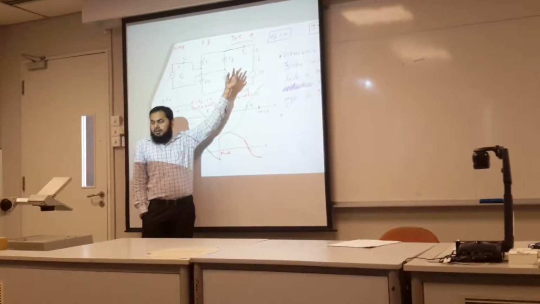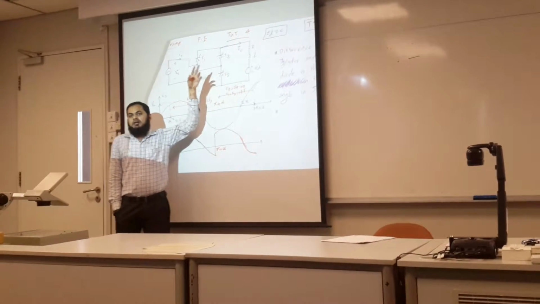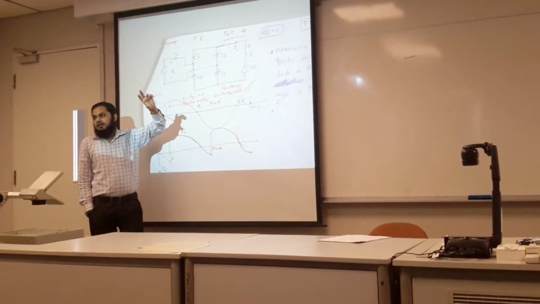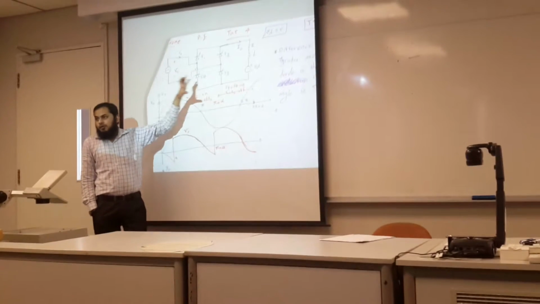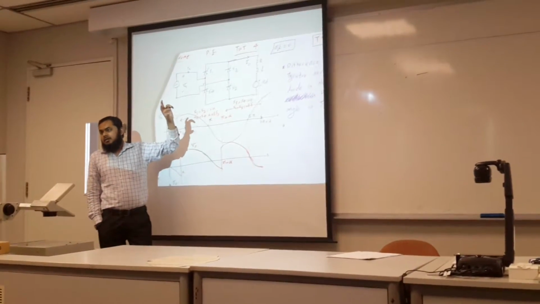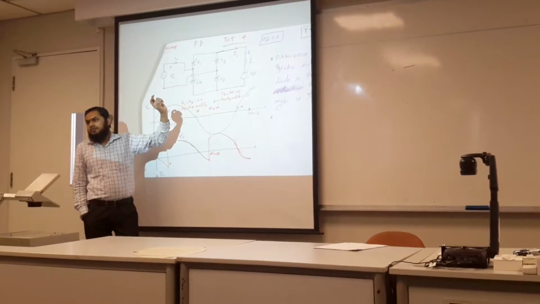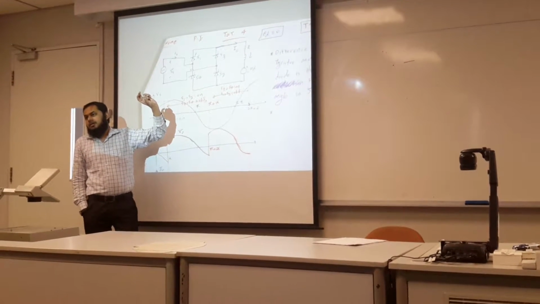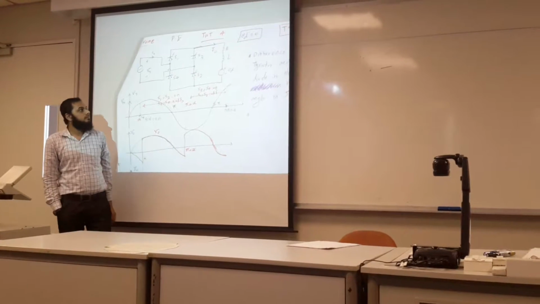Since the function of the inductor is that it will not allow the current to die instantly, it will force the thyristors to be on, even though the thyristors would have become reverse biased. Okay.